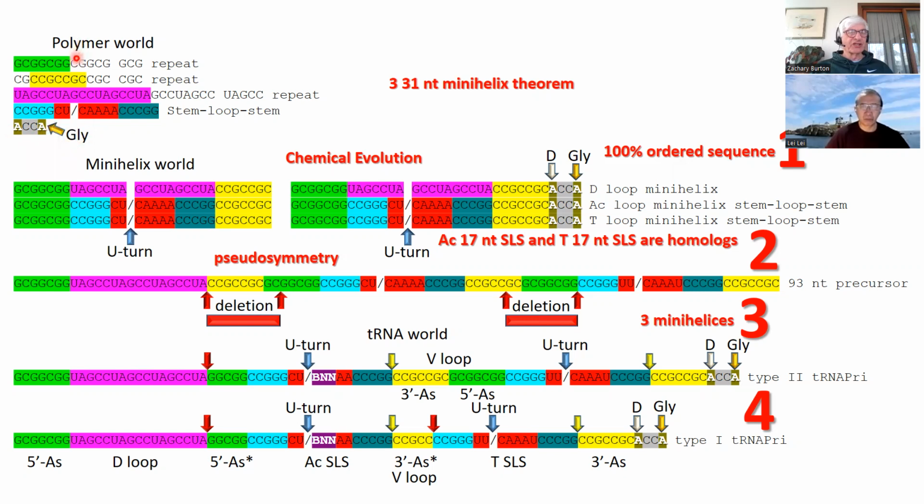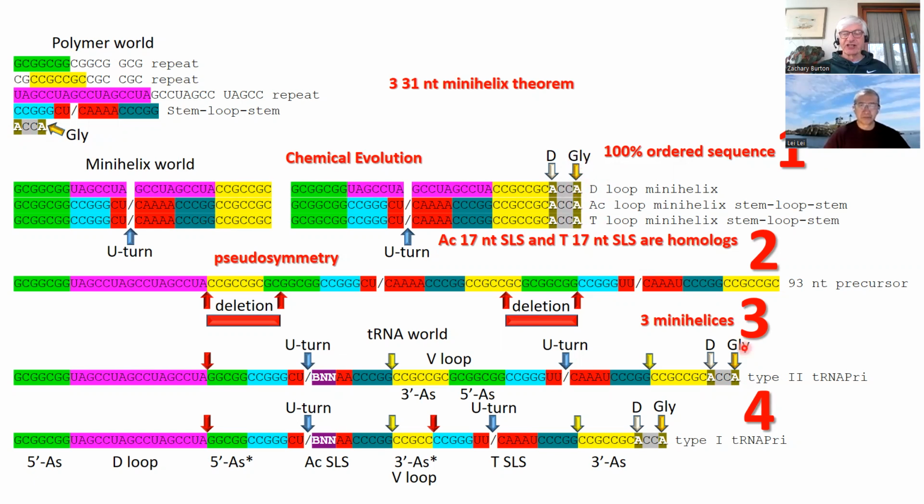A big purpose of polymer world, mini helix world, and initially of tRNA world is to make polyglycine. So this is a system to make polyglycine. When you add an ACCA to the 3' end of 31 nucleotide mini helices, you can bring two glycines close together in an RNA environment, and you can make polyglycine.